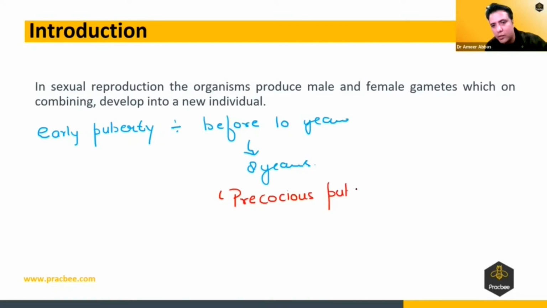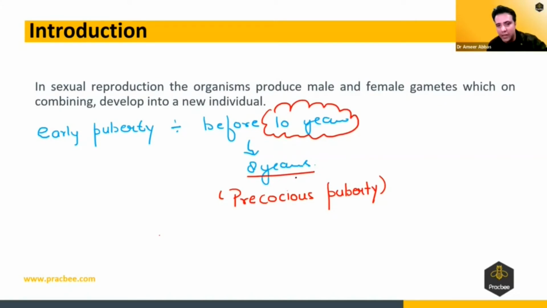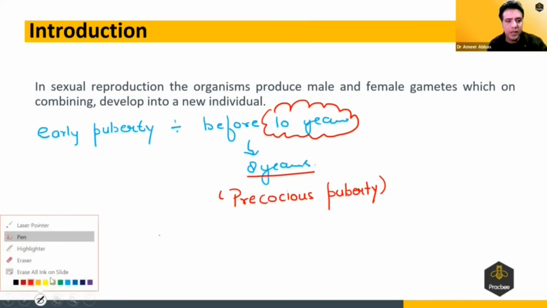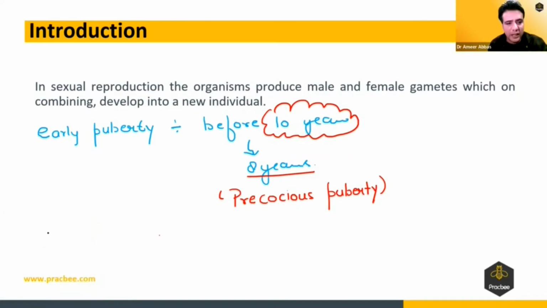What is the name of early puberty? It is precocious puberty. Clear? So when puberty comes before the age of 10 years, at 8 or 7 years, it is known as precocious puberty.